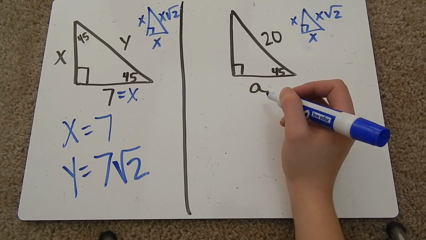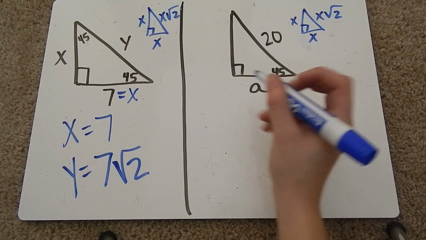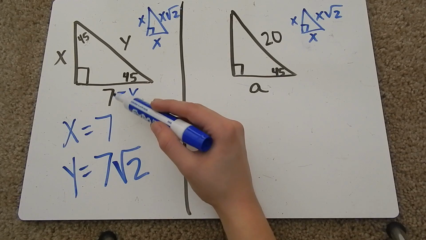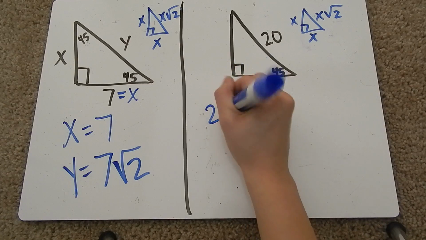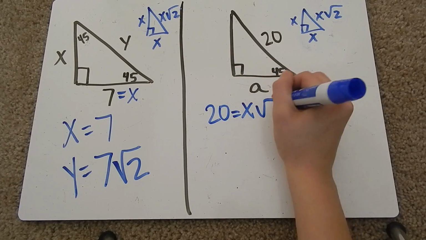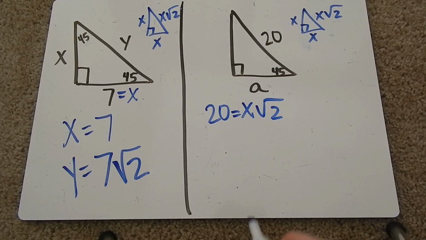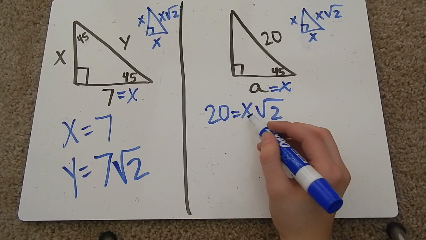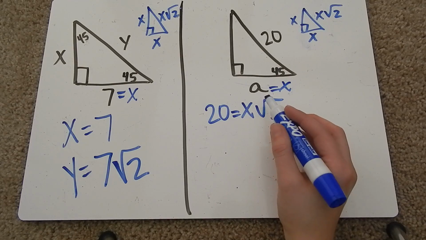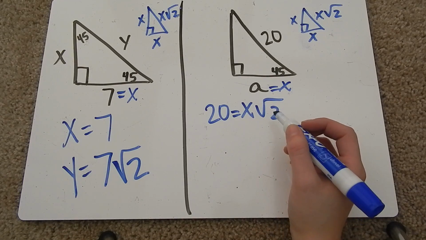So this one is not as easy. But if you see what I did over here, this side equals x. Well, the hypotenuse equals x square root of 2. And this side here is equal to x. So if I can find x, then I can find a, or I can find my missing side.